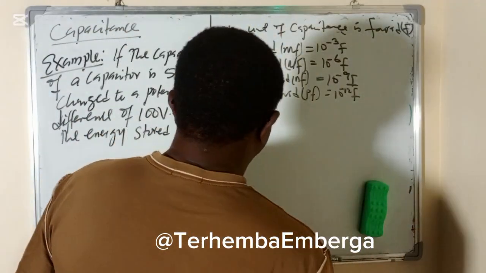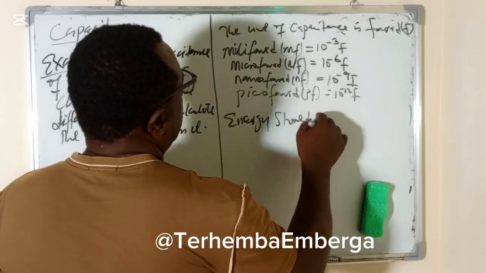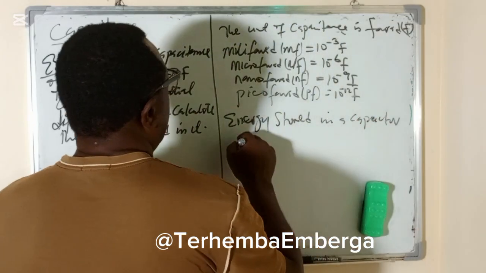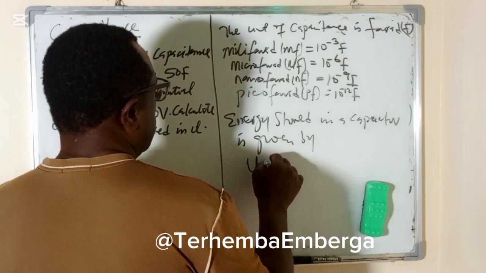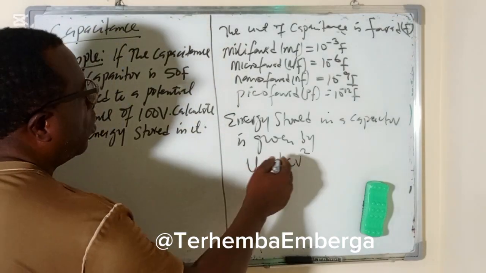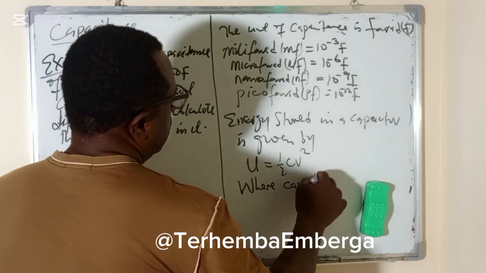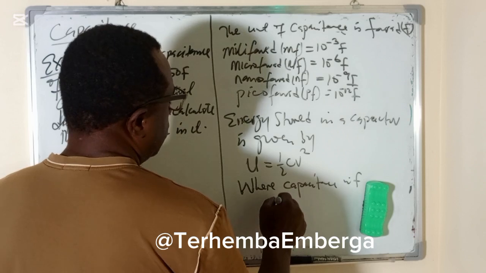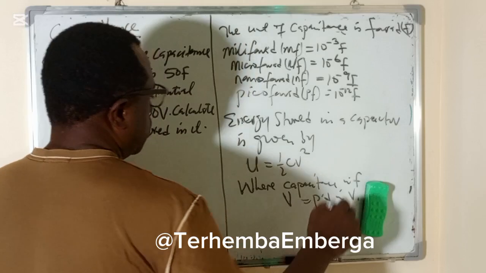So the energy stored in the capacitor is given by U is equal to half CV squared, where C is the capacitance in farads and V is the potential difference in volts.